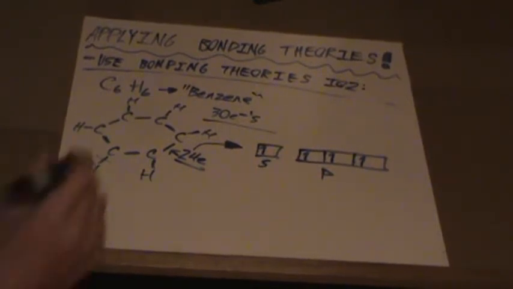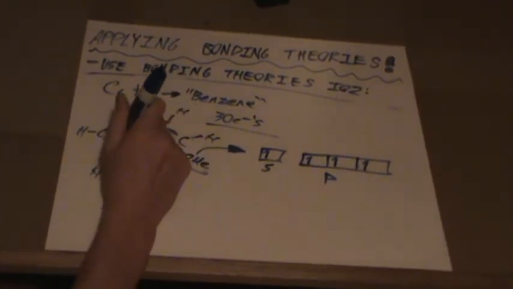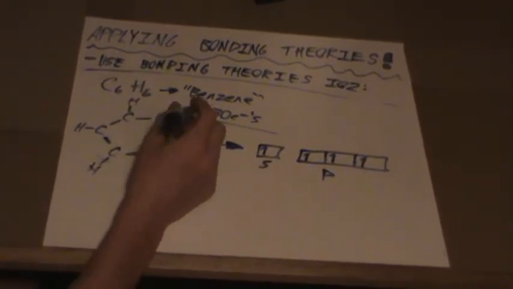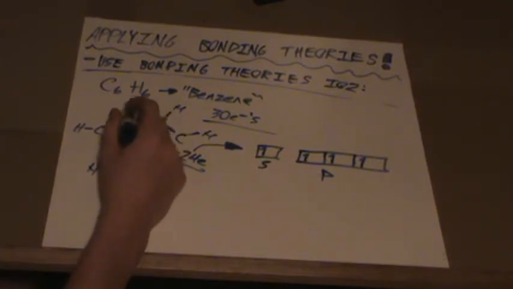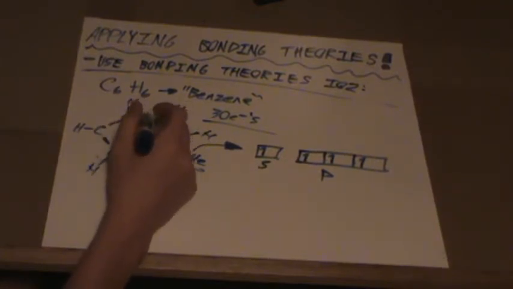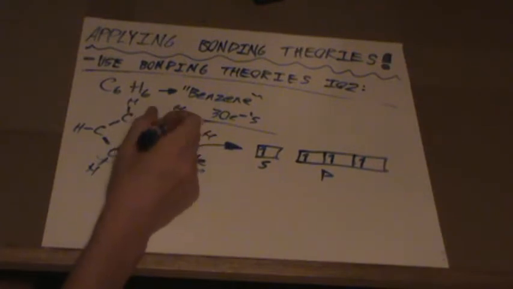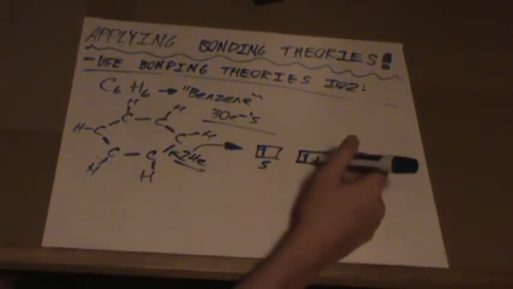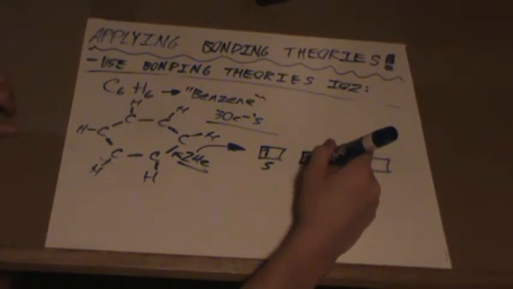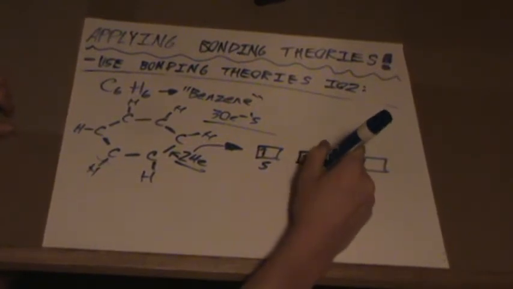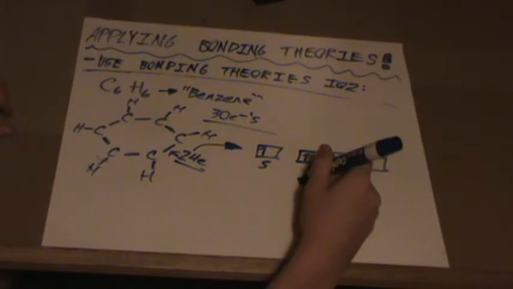So we are looking at any central carbon around here. We are seeing right away that these bonds are all sigma bonds, they are all single bonds, and there are 3 of them. That would suggest sp2 hybridization.